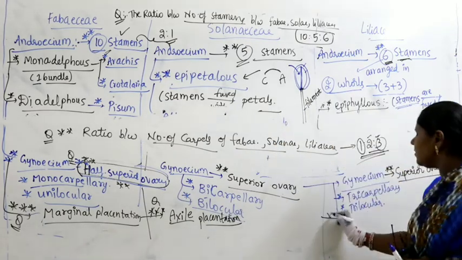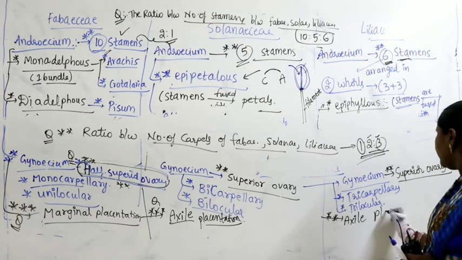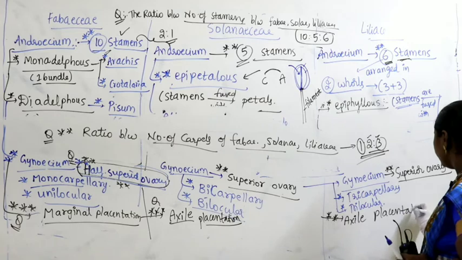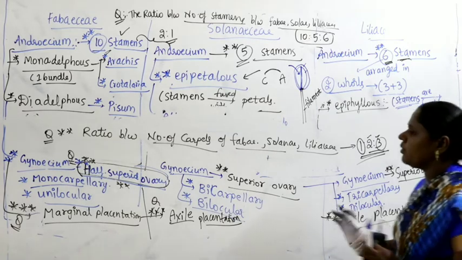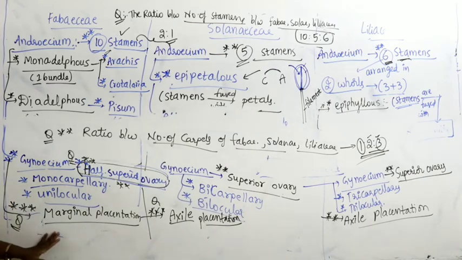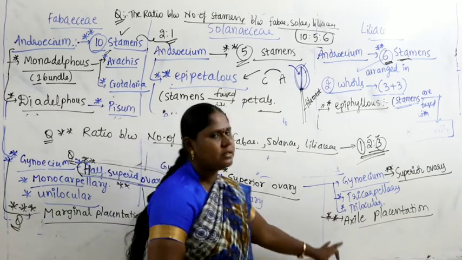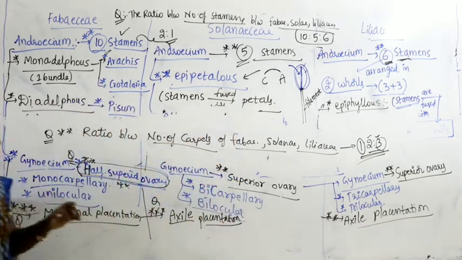Similarly, Liliaceae members also exhibit axial placentation. Very important. The gynoecium part is very important. So, Fabaceae members exhibit marginal placentation, but Solanaceae is axial and Liliaceae is also axial placentation.